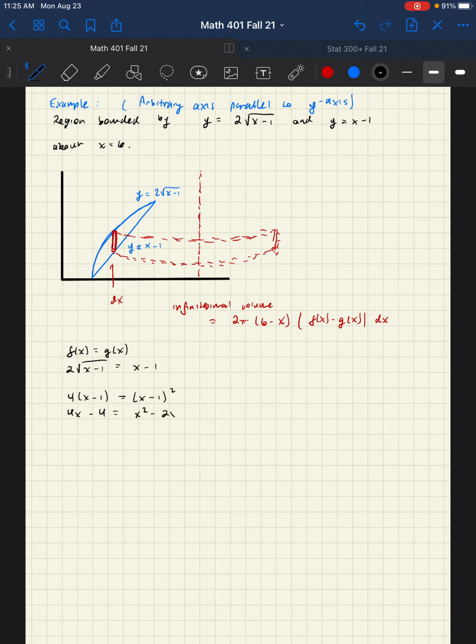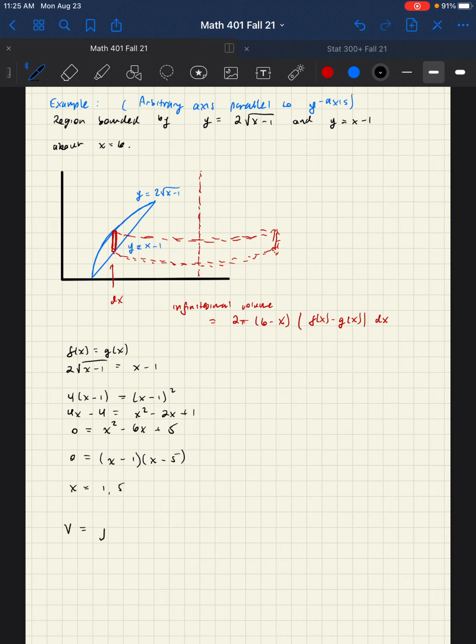If you multiply that all out, that's 4x minus 4 equals x squared minus 2x plus 1. Move everything over to one side. So 0 equals x squared minus 6x plus 5. Factor that and you get x minus 1, x minus 5. And so x is going to be 1 and 5.